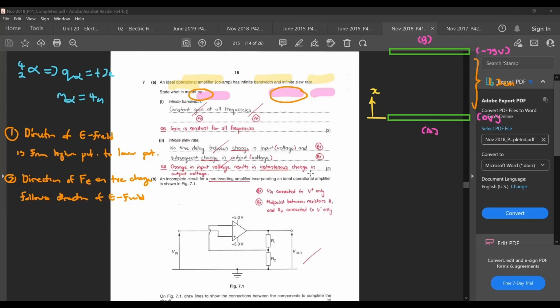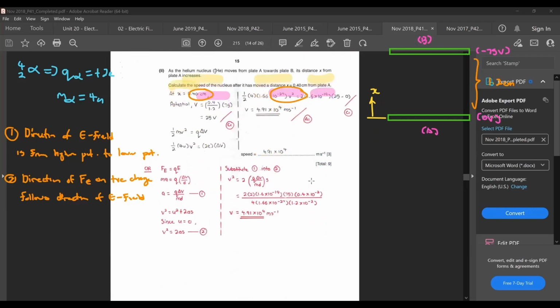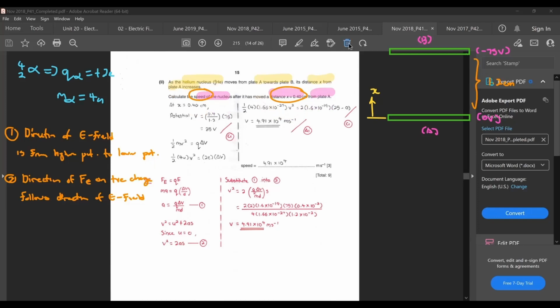So what you're trying to find now is the speed not upon reaching plate B, but rather some point before reaching plate B. You are interested in a distance of 0.4 centimeter away, which is probably somewhere around here. Let's just say that it's this point here, at 0.4 centimeter.